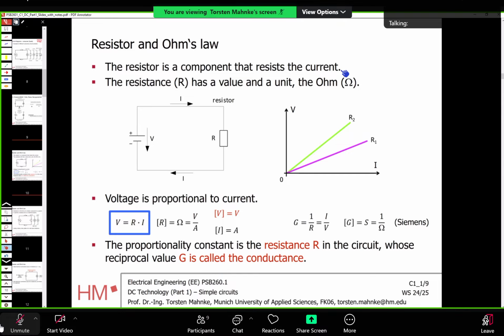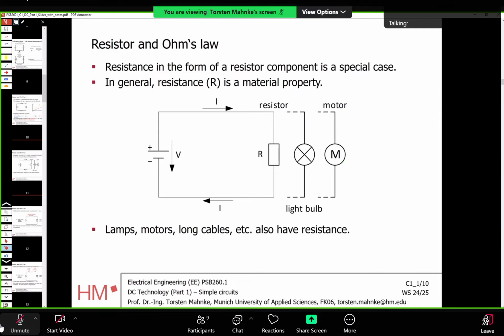Okay, but this leads us directly to my next point. I just said the resistance, when it's a device, is really a special case. And many other things have the property of resistance in them, like the wires or the light bulb that we have looked at in our previous examples.